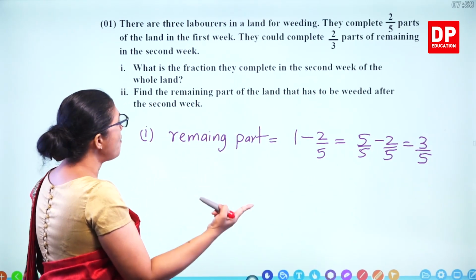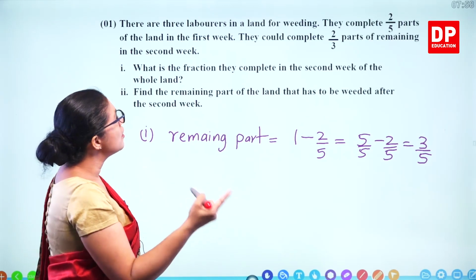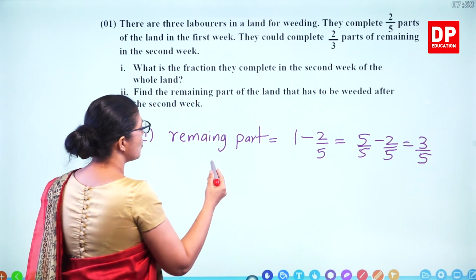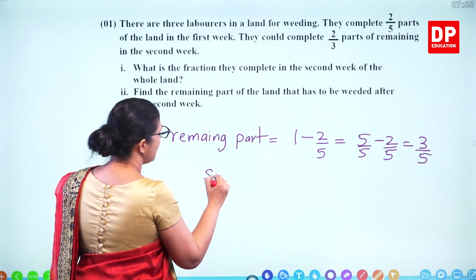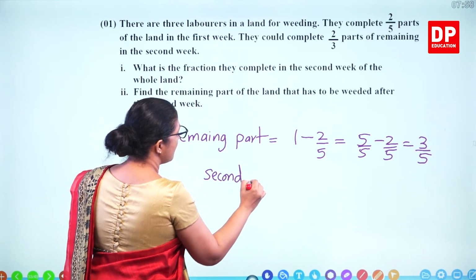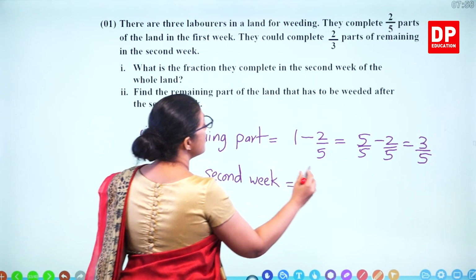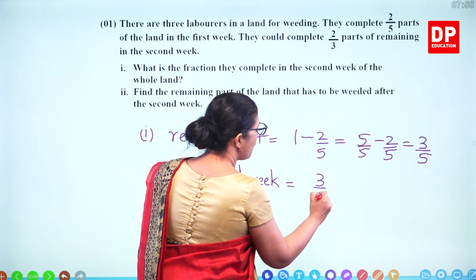And from the remaining part, 2/3 is completed in the second week. So the second week is 2/3 of 3/5.